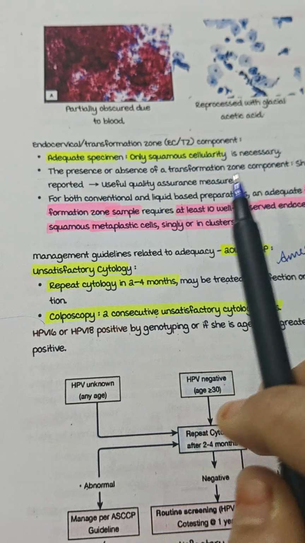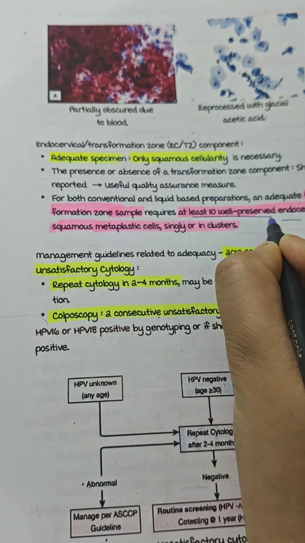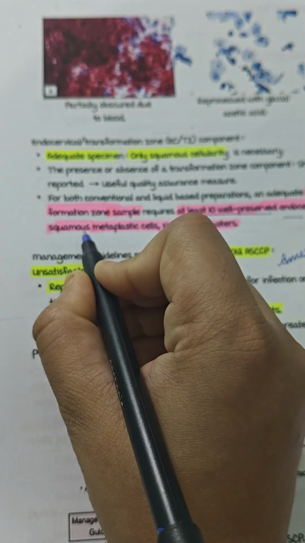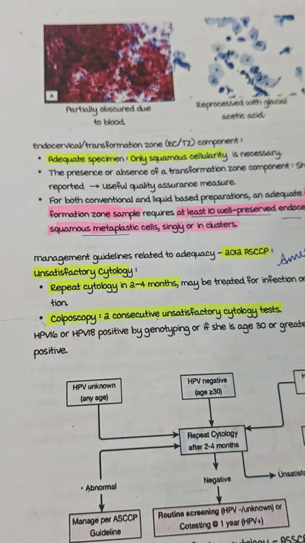So those were the squamous cells. Now for endocervical cells, at least 10 well preserved endocervical or squamous metaplastic cell clusters are needed for adequate specimen satisfaction.